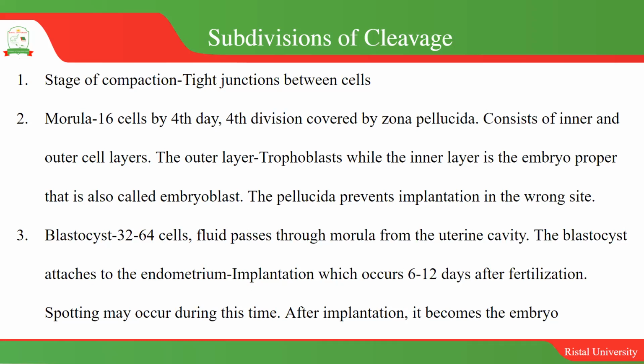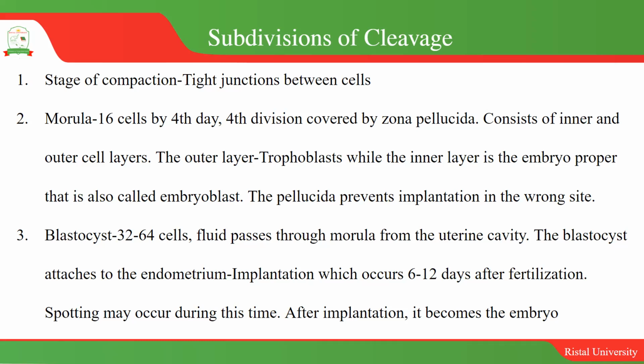Okay, so this morula now consists of 2 layers of cells: the inner cell layer and then the outer cell layer. The cells that form the outer cell layer are the trophoblasts, and then the inner cell layer is what we call the embryo proper, or the embryoblast, or we can also call it the inner cell mass.